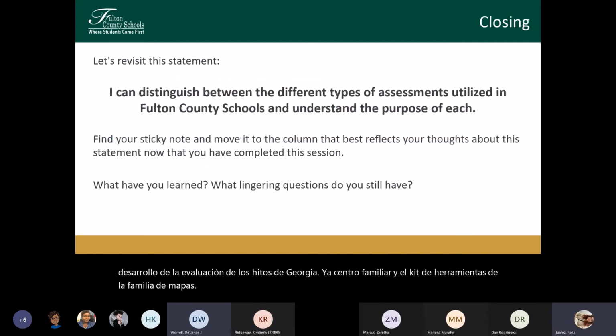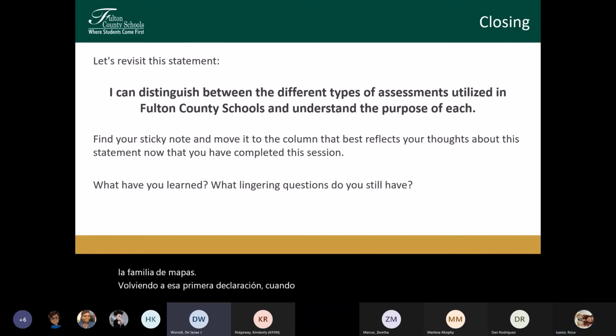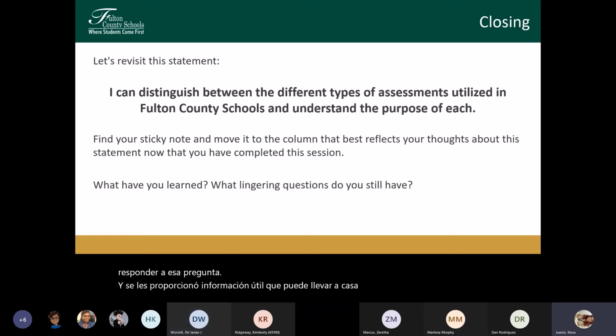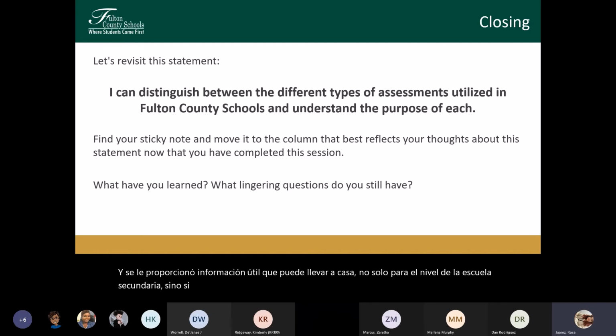Now, returning back to that first statement when we got started, types of assessments. Answering that question and providing information that you can see, not just for the high school level, but if you have students in elementary and middle school. As you see, we covered all of the assessments that all of Fulton County students are required to take.